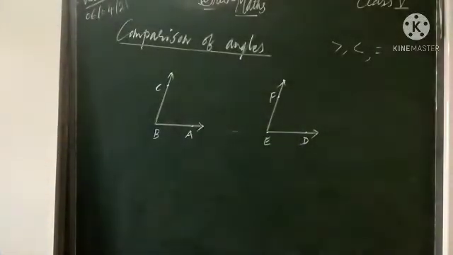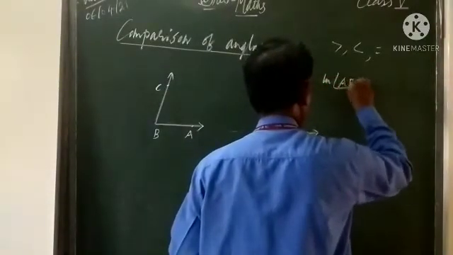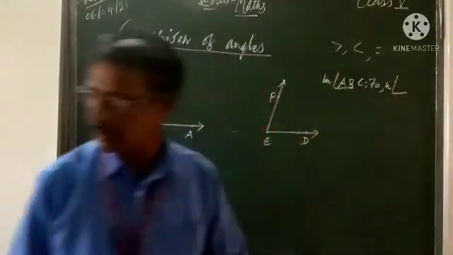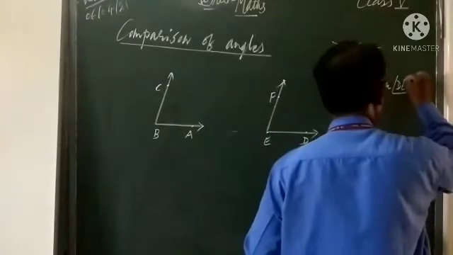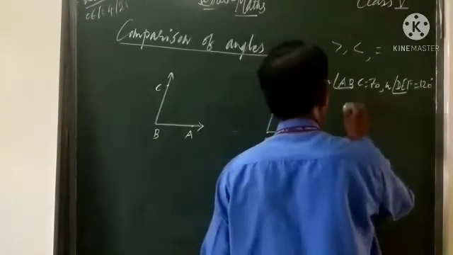In the previous example, I have given the measures of angles. We studied the measure of angle ABC equal to 70 degrees, and the measure of the second one, angle DEF, equal to 120 degrees. Now we have to compare these two angles.